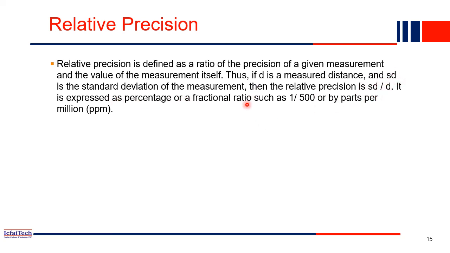It is expressed as a fraction, like 1 is to 500 or 5000, whatever it may be, or in parts per million, ppm. SD means standard deviation: you have taken the measurement multiple times and computed the SD relative to the mean value d. This ratio we call relative precision. Basically, sigma by mu is the relative precision.